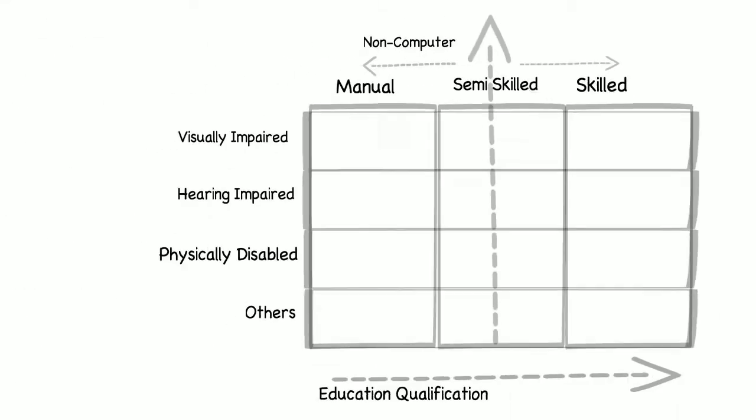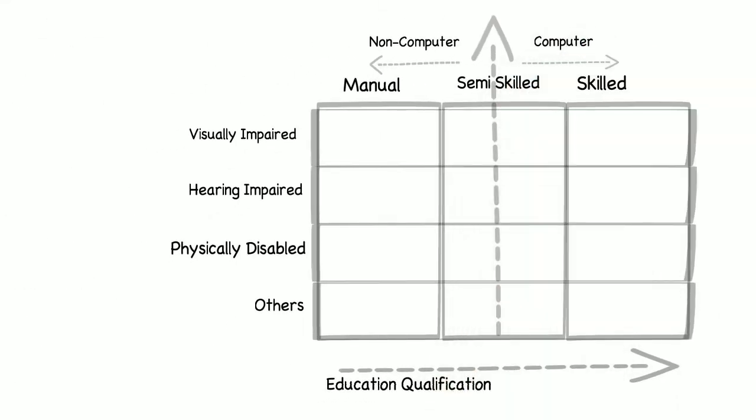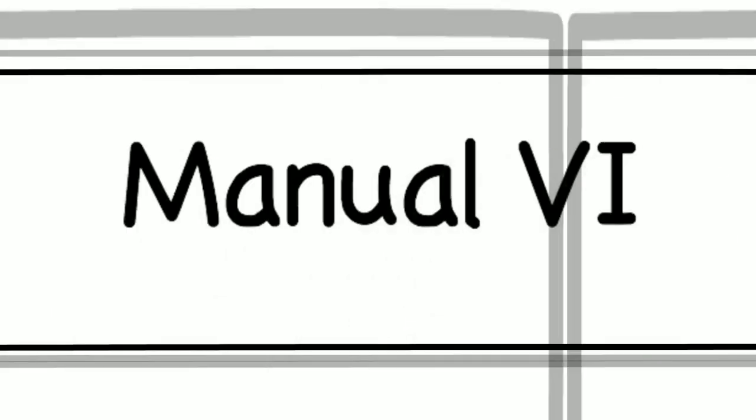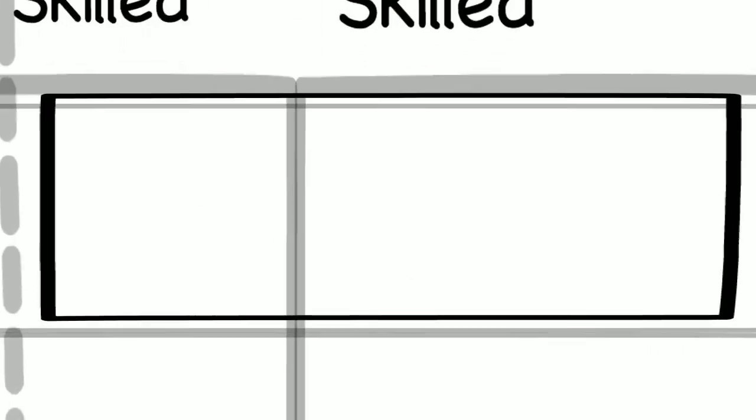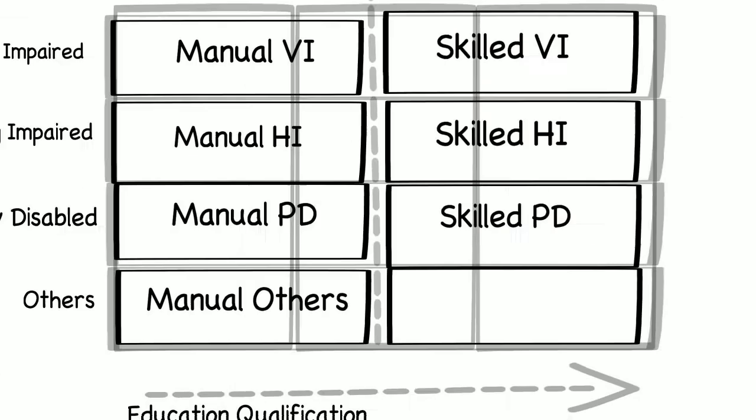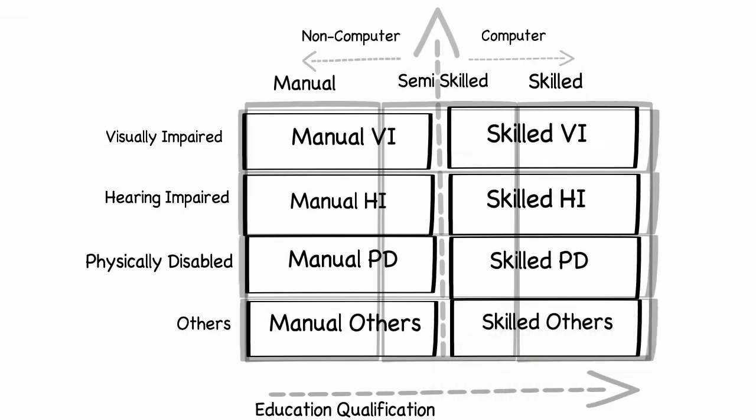This now reveals the secret sauce of various livelihood segments: manual VI, manual hearing impaired or manual HI, manual PD or manual physical disability, manual others, skilled VI, skilled HI, skilled PD, and skilled others.